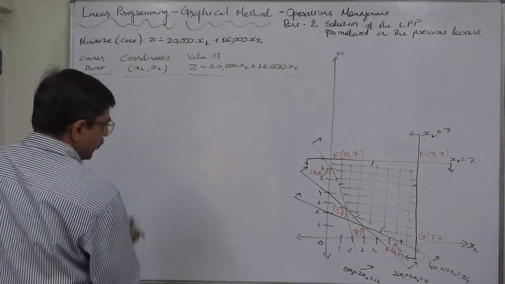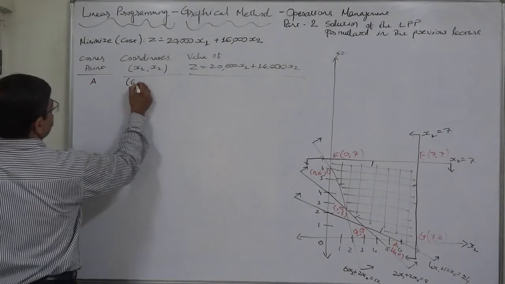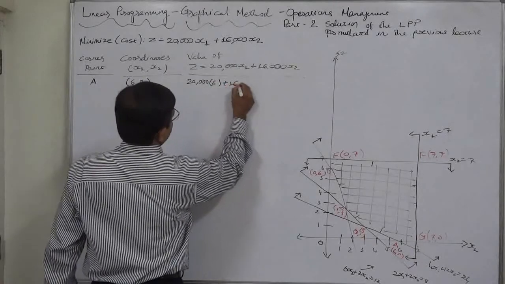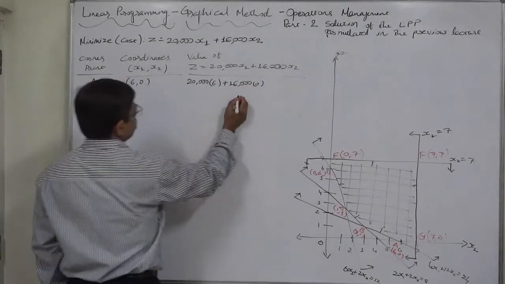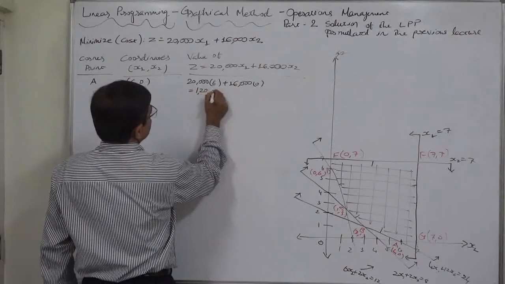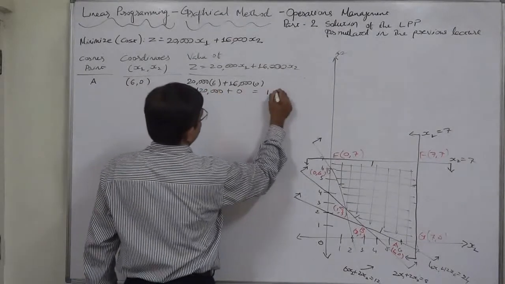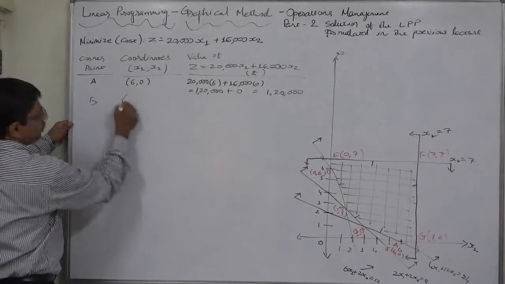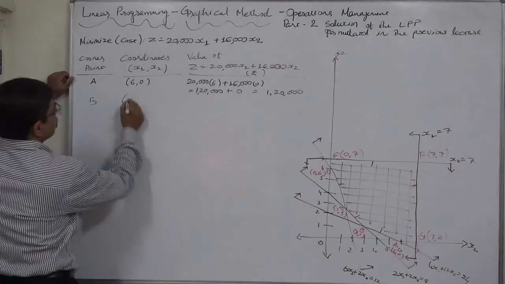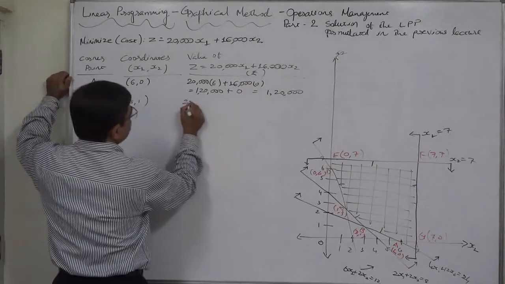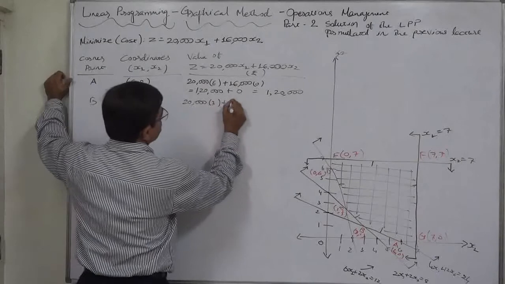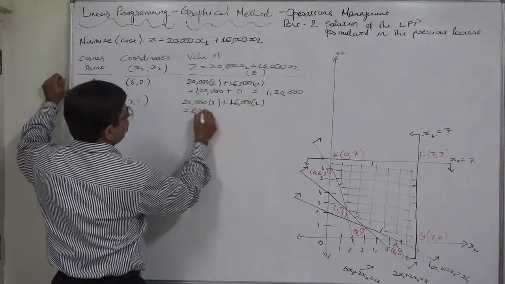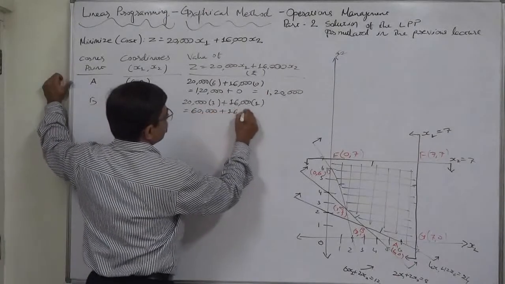Corner point A: 20,000 into 6 plus 16,000 into 0, that is 1,20,000 plus 0, that is 1,20,000 rupees. Okay, B. B is 3 and 1. 20,000 into 3 plus 16,000 into 1, that is 60,000 plus 16,000, 76,000.